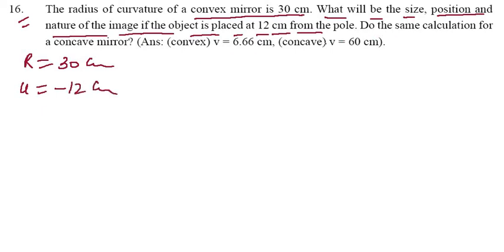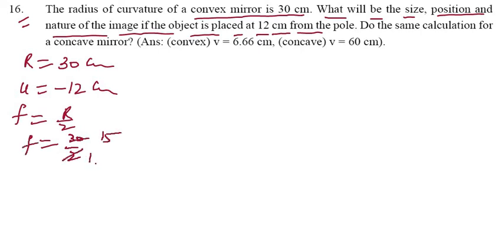Do the same calculation for the concave mirror. Okay, it is the convex. For convex, f is equal to R by 2. So that is the 15. It is 30 divided by 2. 2 ones are 2 and 2 fifteens are 30.